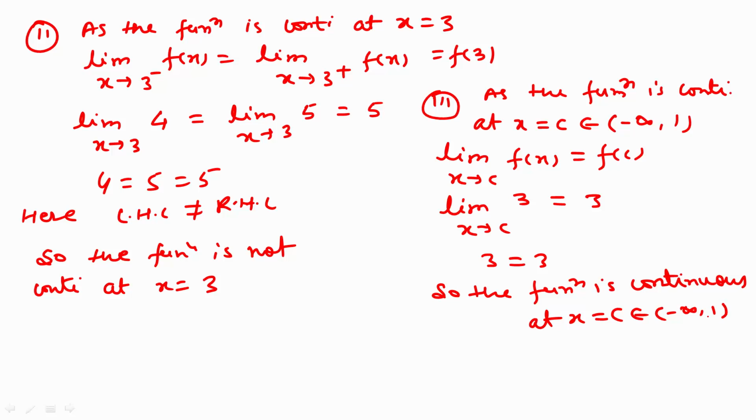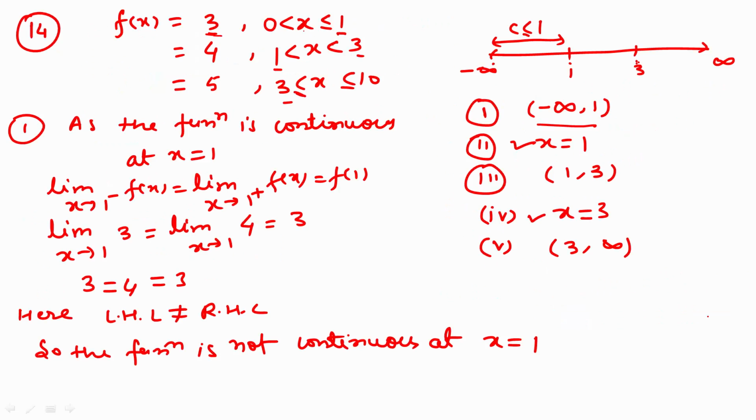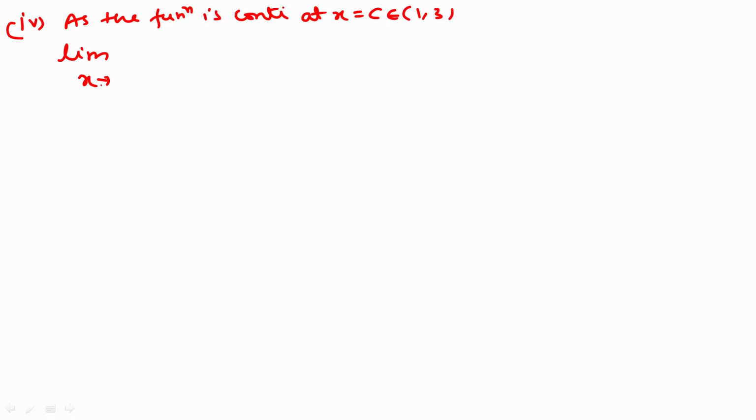Now you have to check for the open interval 1 to 3. This is your fourth case. As the function is continuous at x is equal to c, where c belongs to the open interval 1 to 3, limit x tending to c of f(x) is equal to f of c.